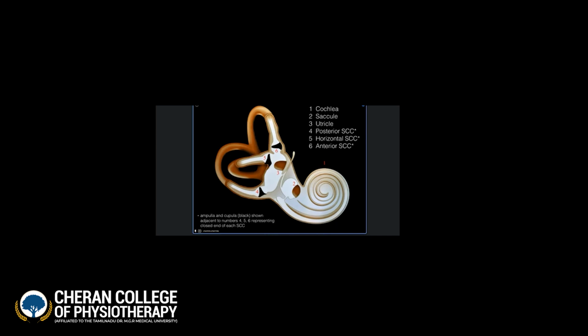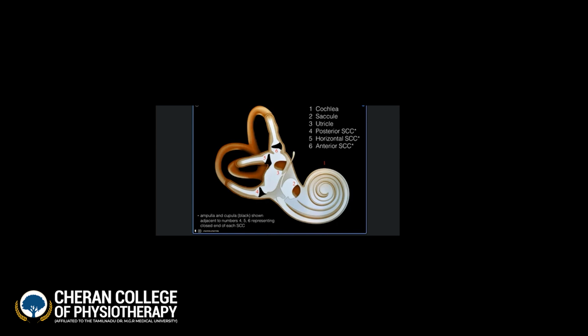So the parts of the vestibular are the three canals, which I already told you: the anterior canal, posterior canal, and horizontal canal, positioned like this. We also have the cochlea, saccules, and utricles.